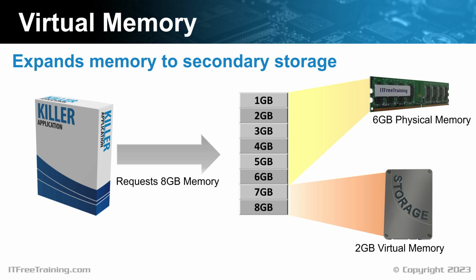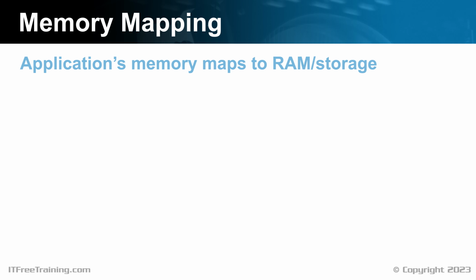Virtual memory allows the computer to access more memory than what it physically has installed. Let's have a closer look at how it achieves this. The CPU in a computer maps an application's memory to RAM or to storage. This way, the application sees only a flat space of memory regardless of where the memory is being stored.